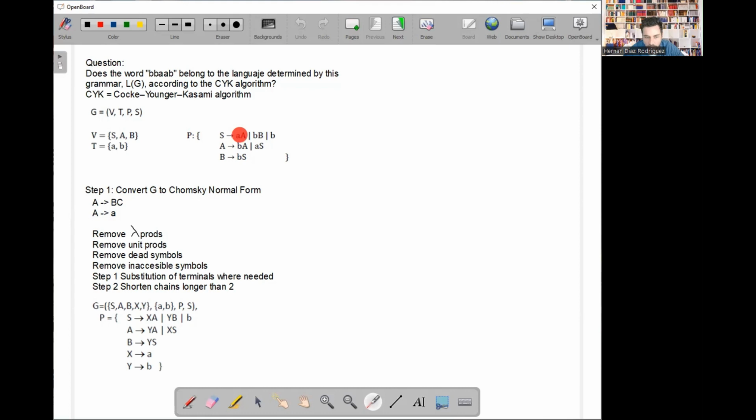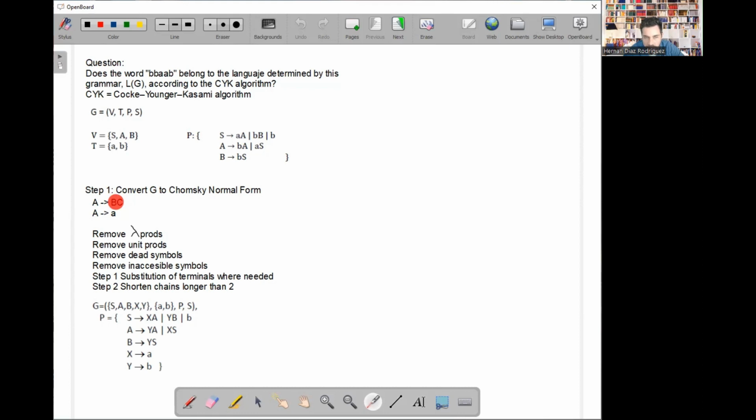So for instance, here we will need to replace the terminals a and b with variables, because this production doesn't follow the convention to be in Chomsky normal form.